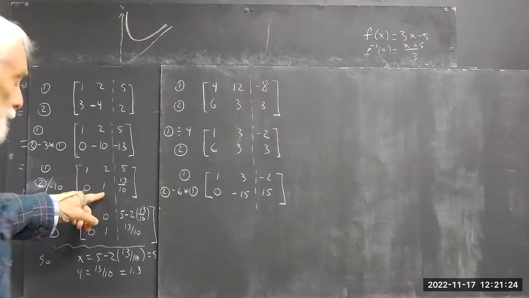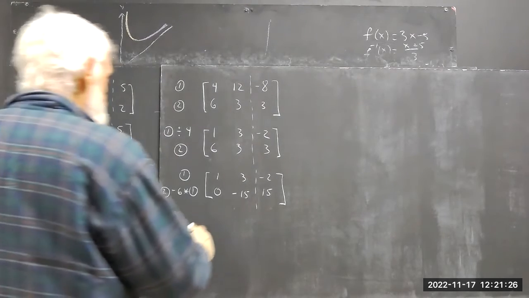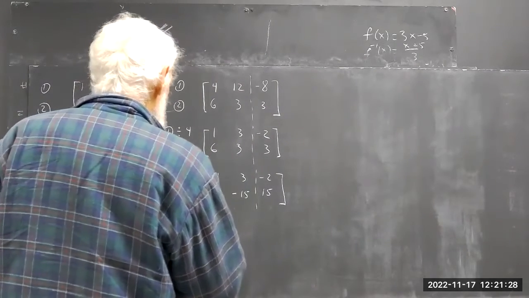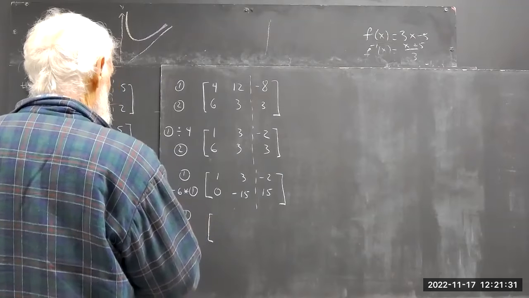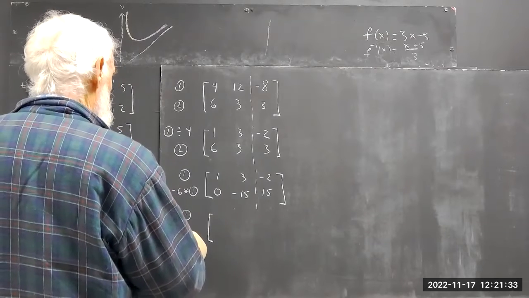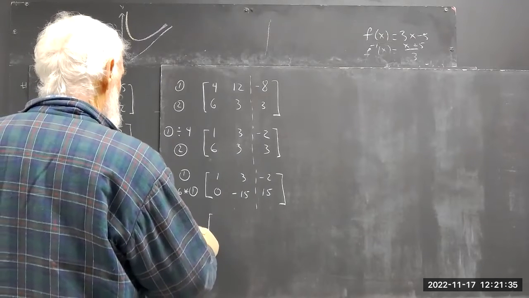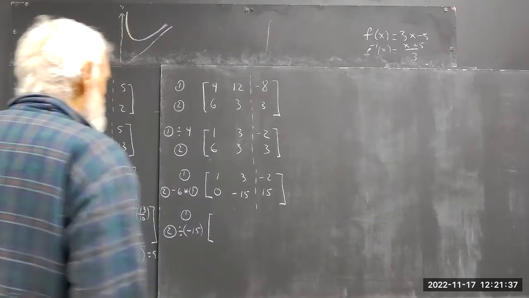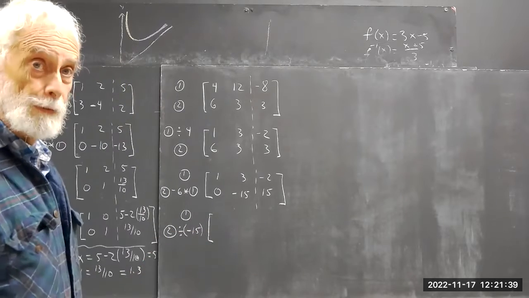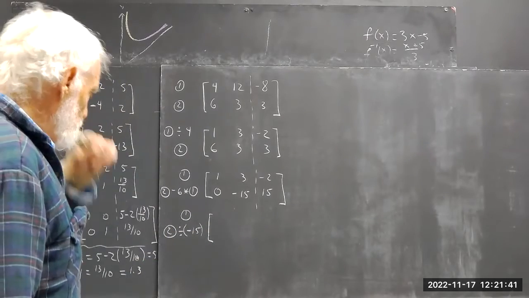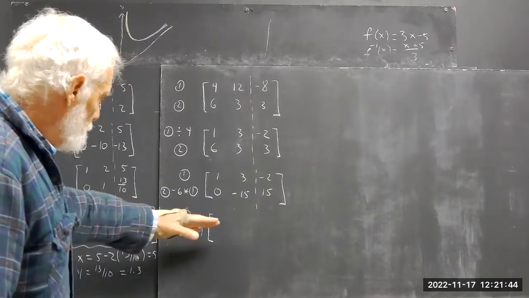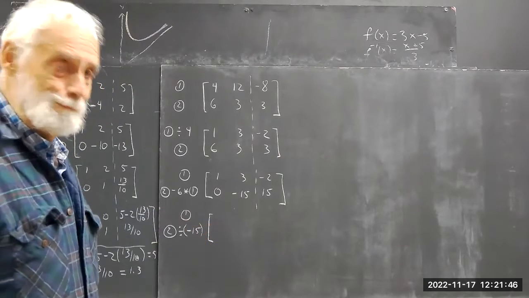Now what do we want? We want a 1 here. We get a 1 there. We divide row 2 by -15. I write it out with the division sign, so I can write it out in a row.